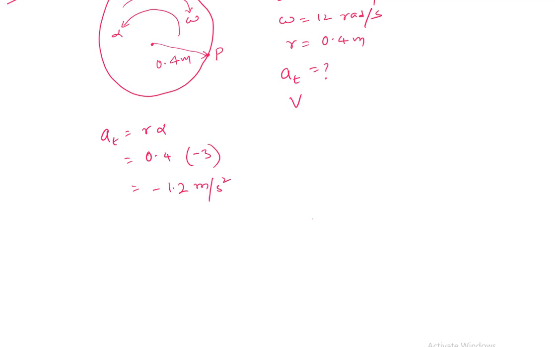That's the tangential acceleration. And velocity v equals r omega. R is 0.4, omega is 12, so that's 4.8 meters per second.